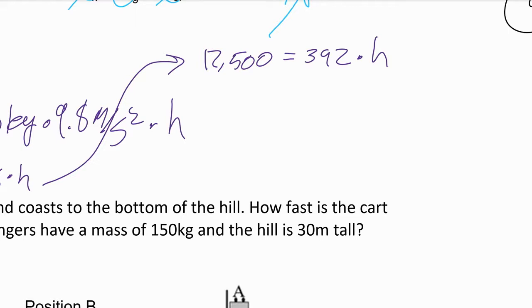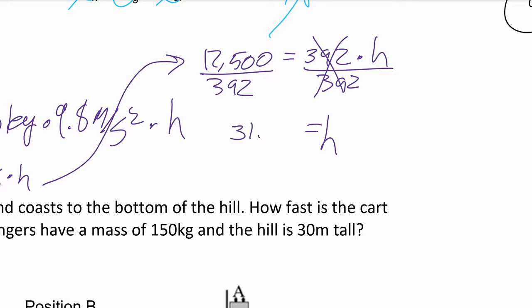So if I want to solve this now, I just have to divide by 392 on both sides. This one goes away, and I'm left with h equals 12,500 divided by 392, and I get 31, and then there's a bunch of decimals, but if I round, I get 31.9.